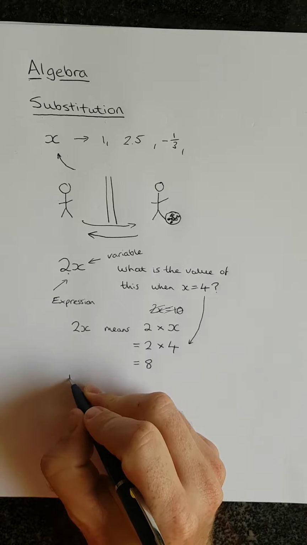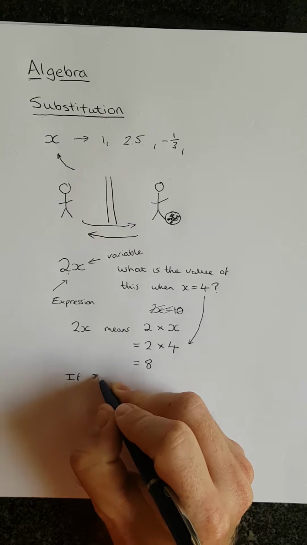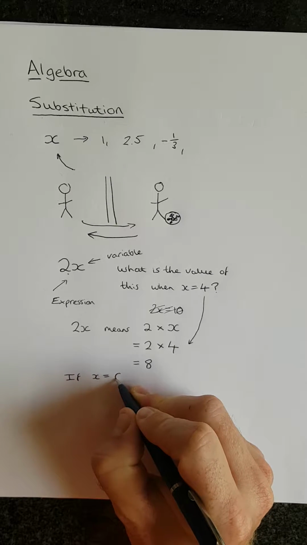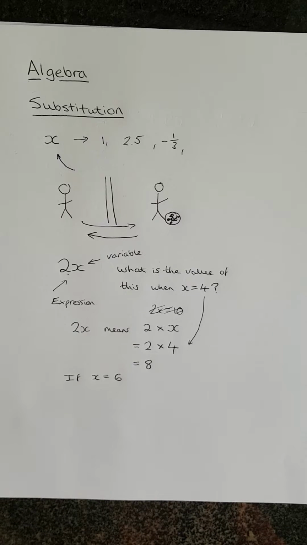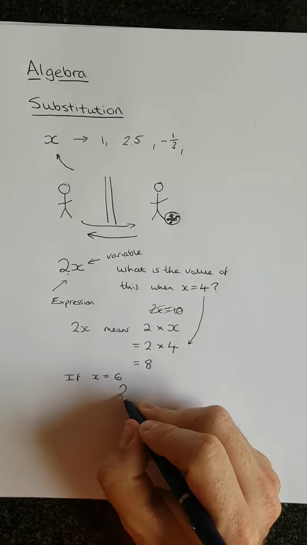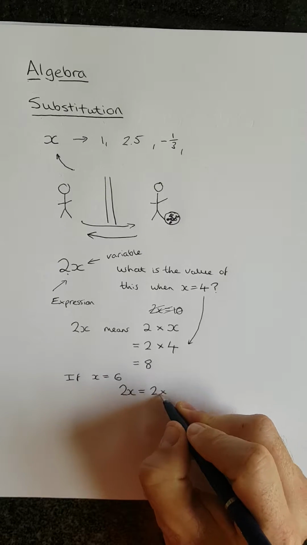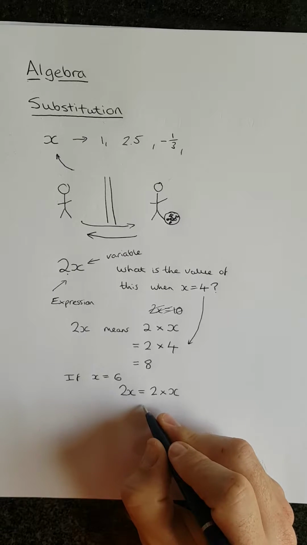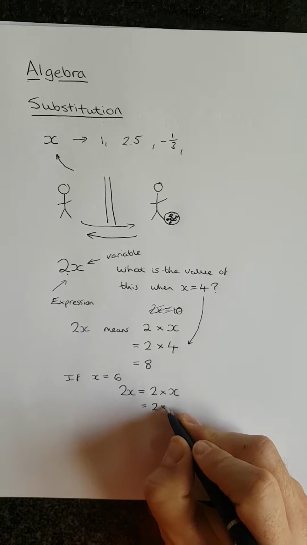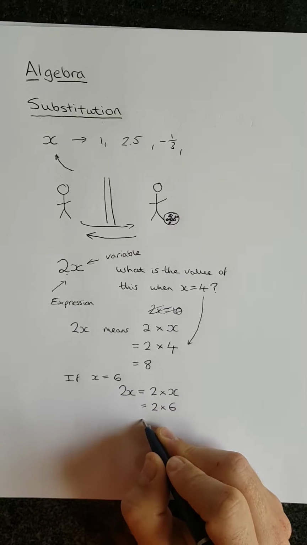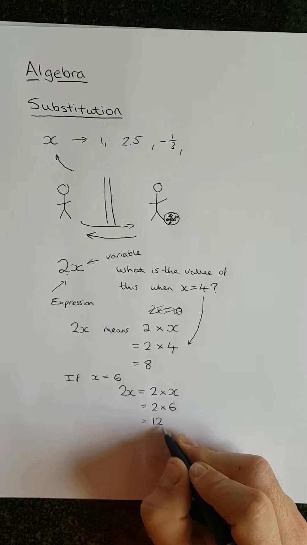So if x equals 6, let's have a look what happens. 2x is 2 times x, which is 2 times 6, which is 12.